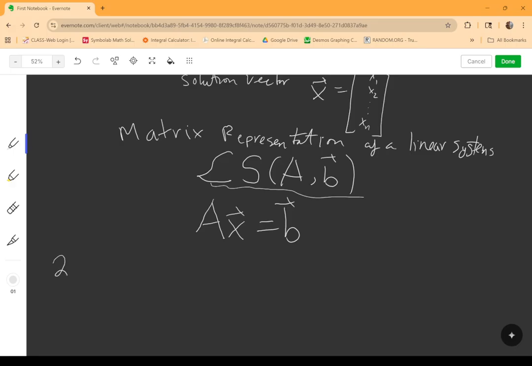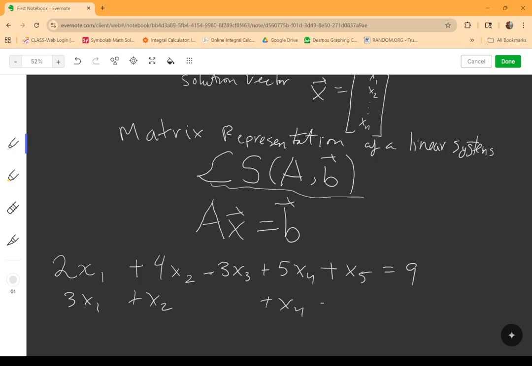So going over an example here, let's say we had the system represented by, not squared, and then 3x1 plus x2 plus x4 minus x5 equals 0.